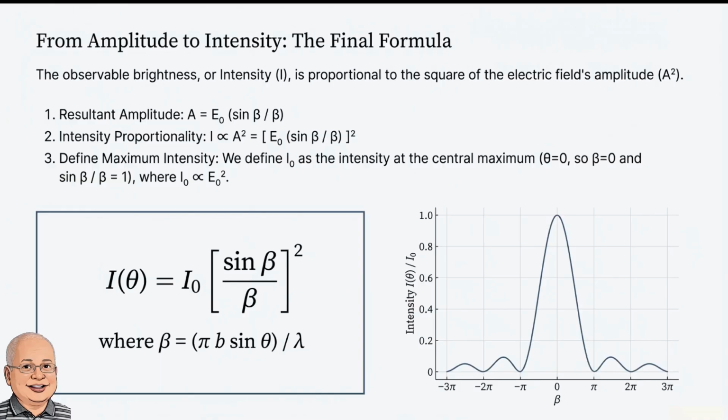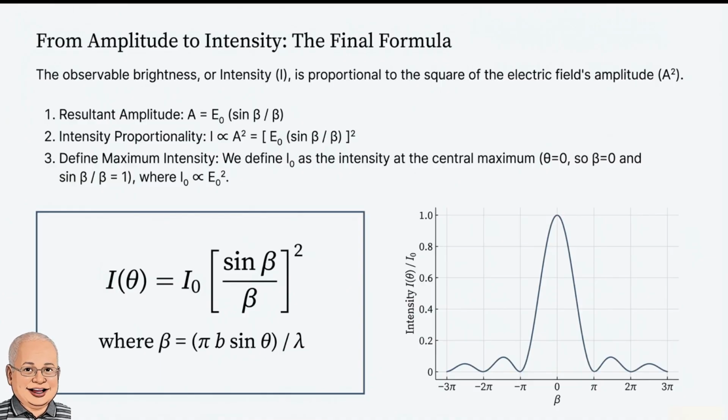We define I0 as the intensity at the central maximum when theta is equal to 0. At that point, beta is equal to 0, so sin beta by beta is equal to 1. That is in the form sin 0 by 0. As you know, in the limit theta goes to 0, sin theta by theta is equal to 1. So that gives us the central maximum.